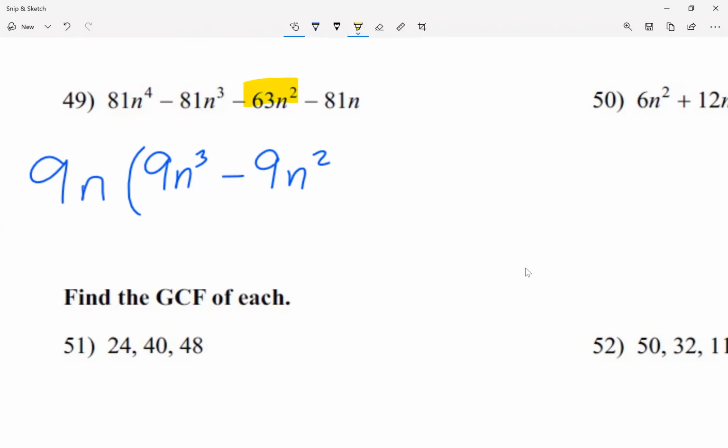My third term is right here. Negative 63 divided by 9 is a negative 7 n to the 1. Remember, I'm dividing by 9 and subtracting 1 from the exponent. My last term, negative 81 divided by 9 is a negative 9, and I don't have a letter anymore.